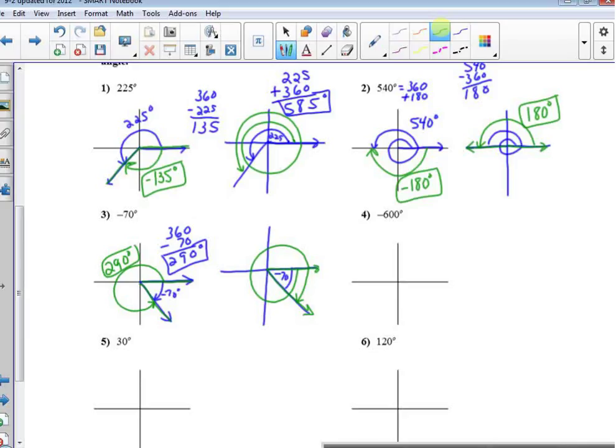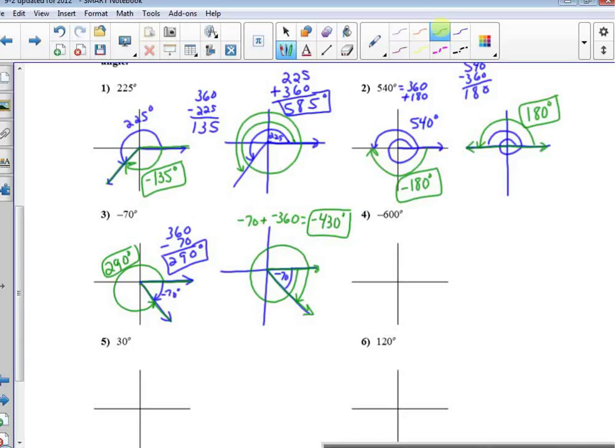So to find that value, I would take negative 70 plus negative 360. And that gives me negative 430. So I have a smallest positive and a largest negative. There's no other negative closer to 0 that has the same initial and terminal side as negative 70.